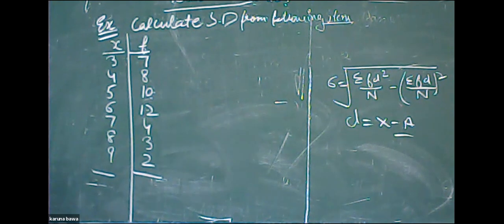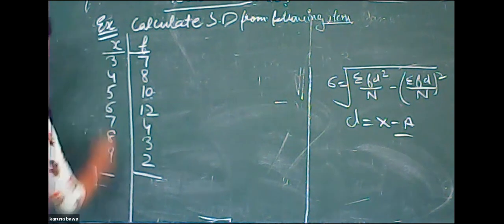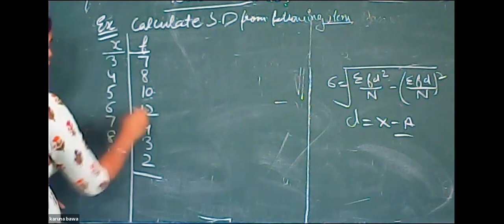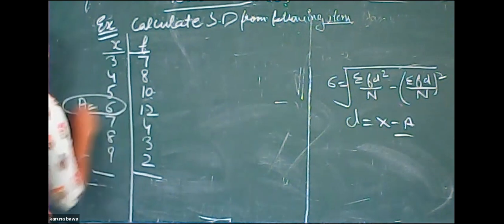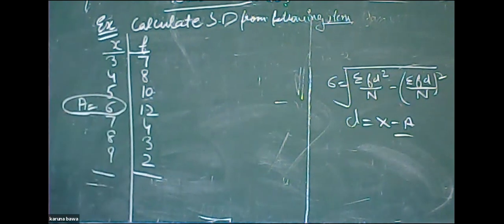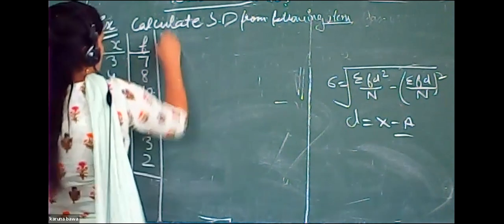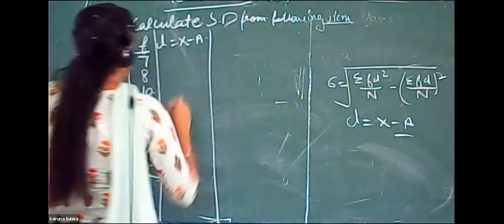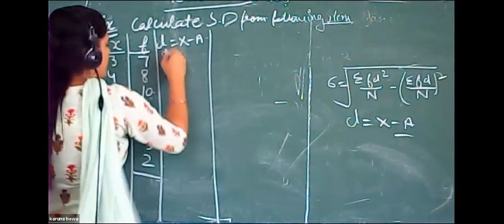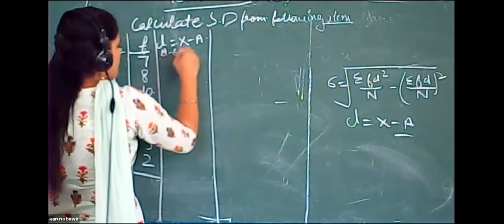First of all, we assume a value in the x series. We take A as the assumed value. On the other hand, we find the deviation, x minus A. The assumed value is 6.